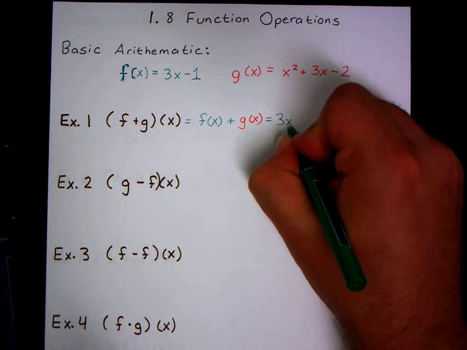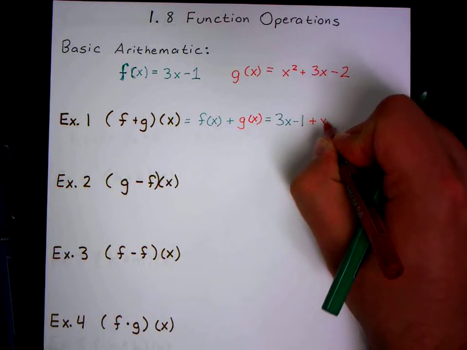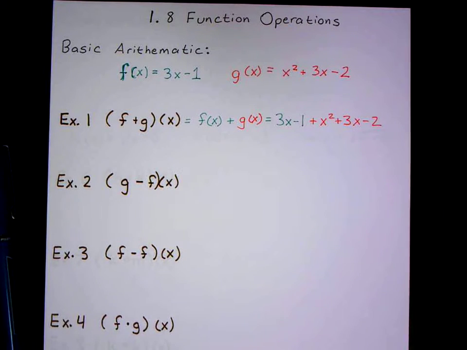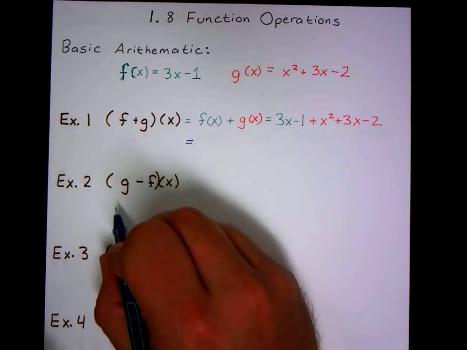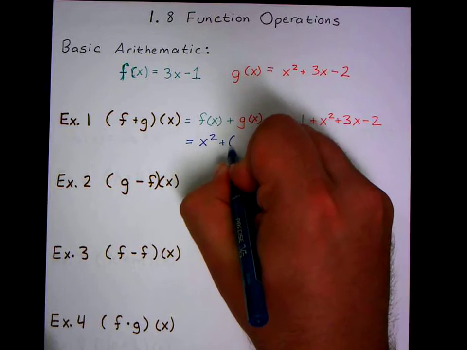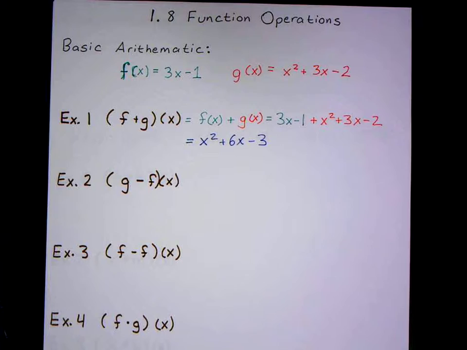So we take 3x minus 1 plus x squared plus 3x minus 2. So my answer would be x squared plus 6x minus 3. That's it. Especially with the ones I gave you, it's just polynomial addition.